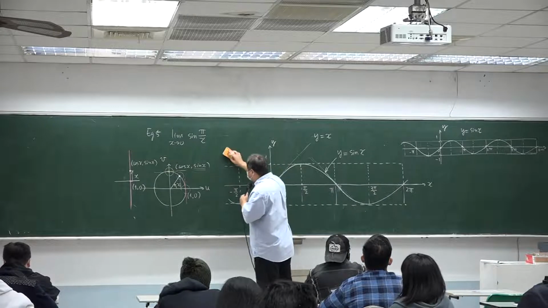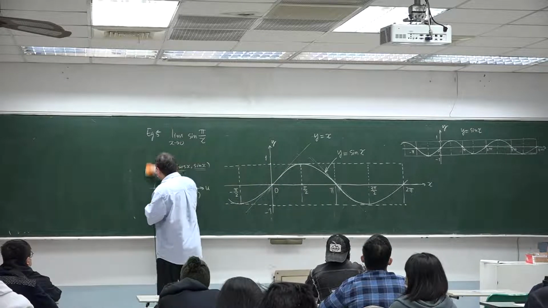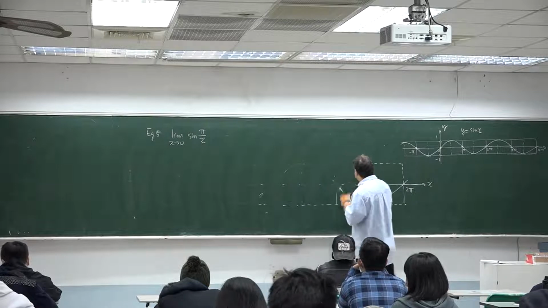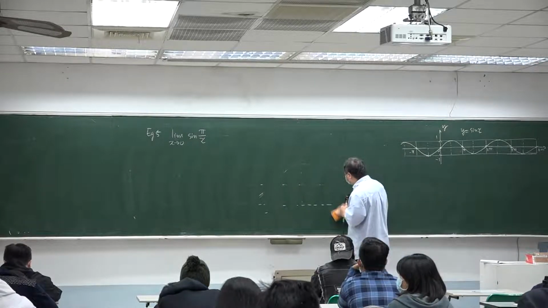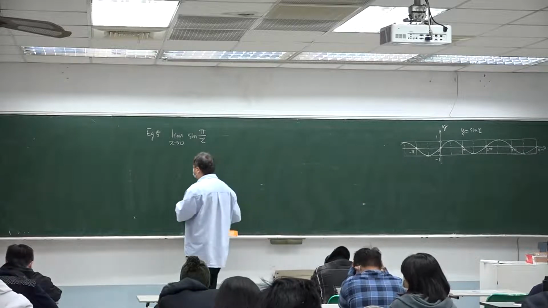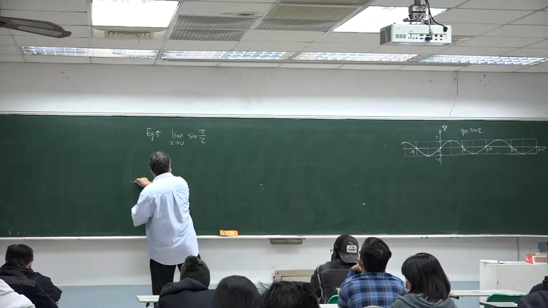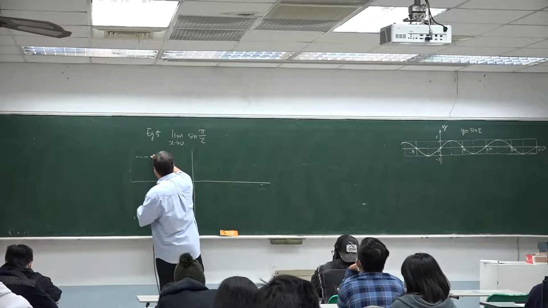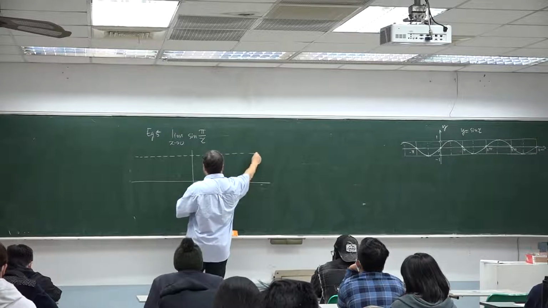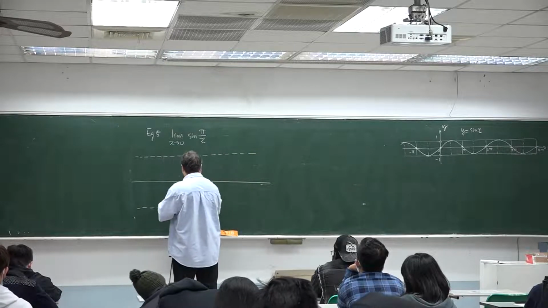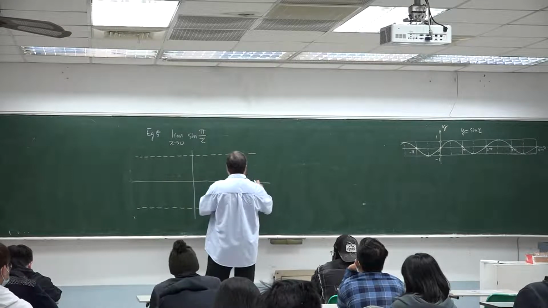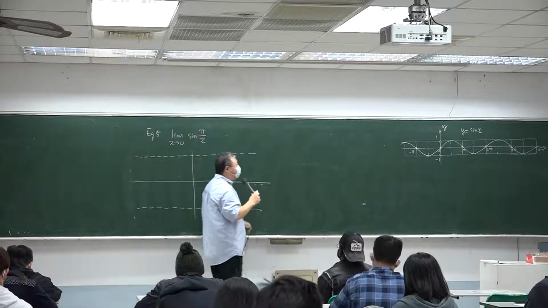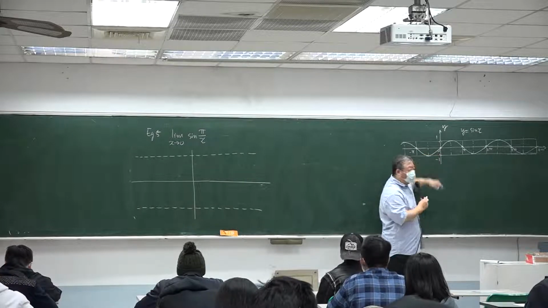Now consider the graph of this one. No matter what x is, if x is non-zero, this is a real number, so the value of sine is always between minus 1 and 1.